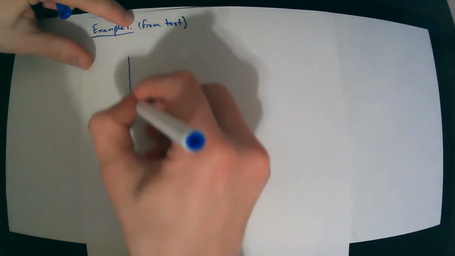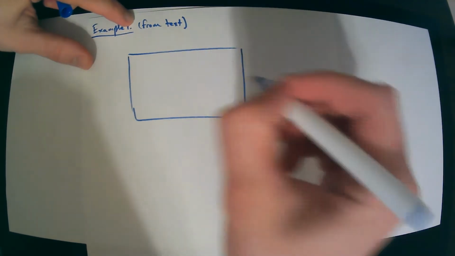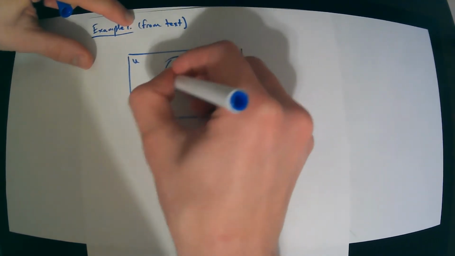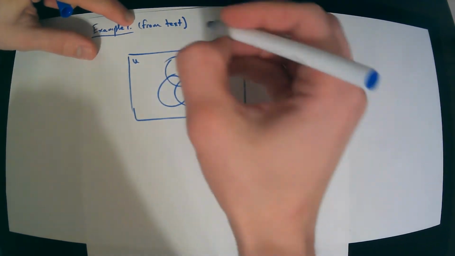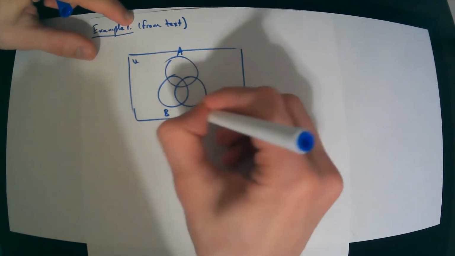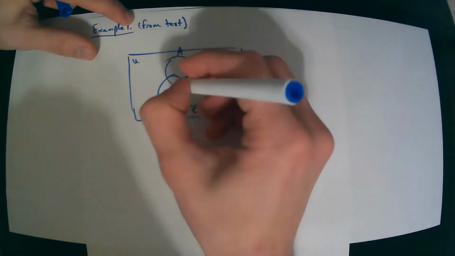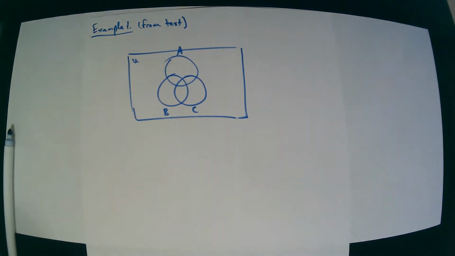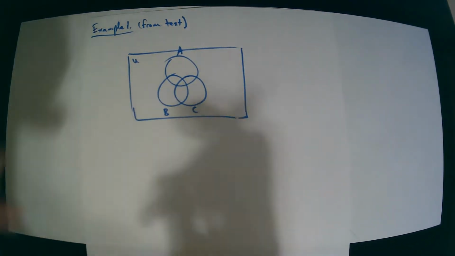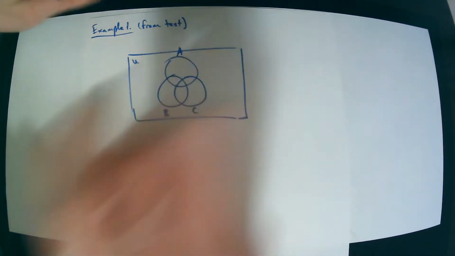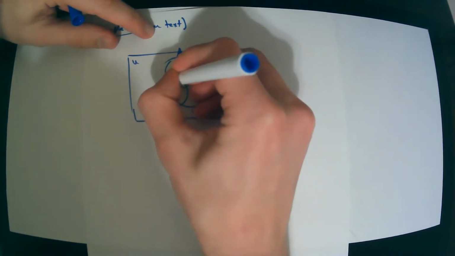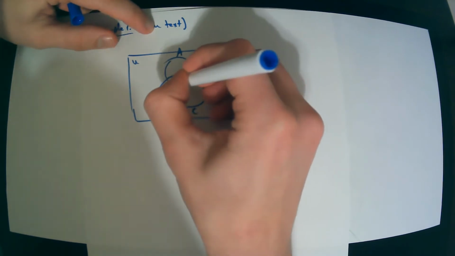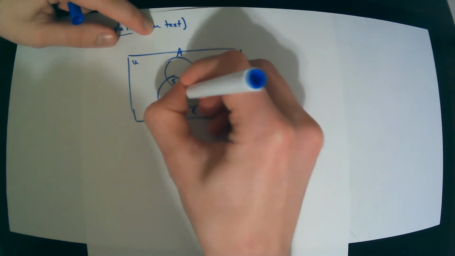The given Venn diagram contains the number of elements that belong to the three sets A, B, and C. So we've got a universal set, and A, B, C are just some arbitrary sets, not named, and they've given us all the numbers already.